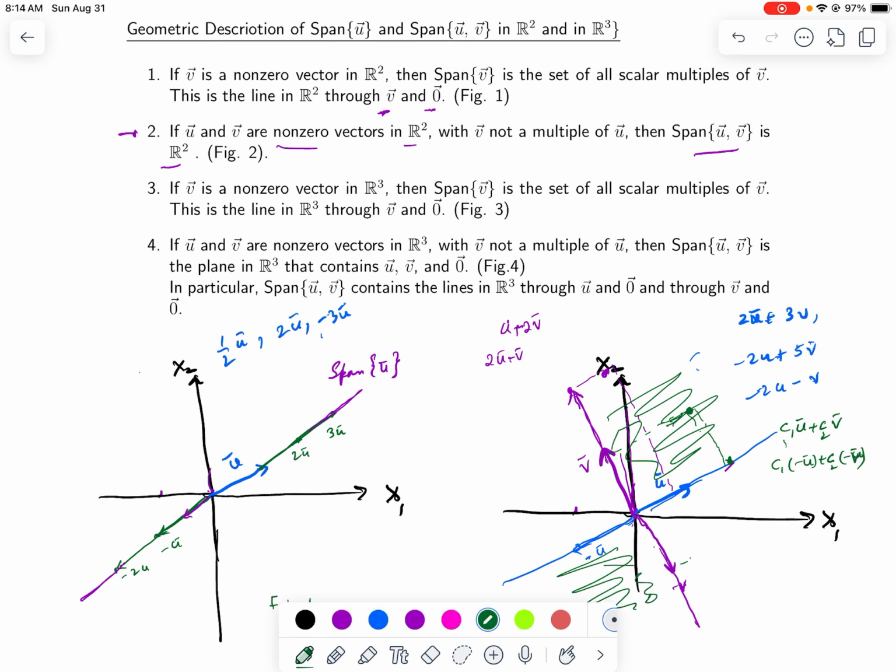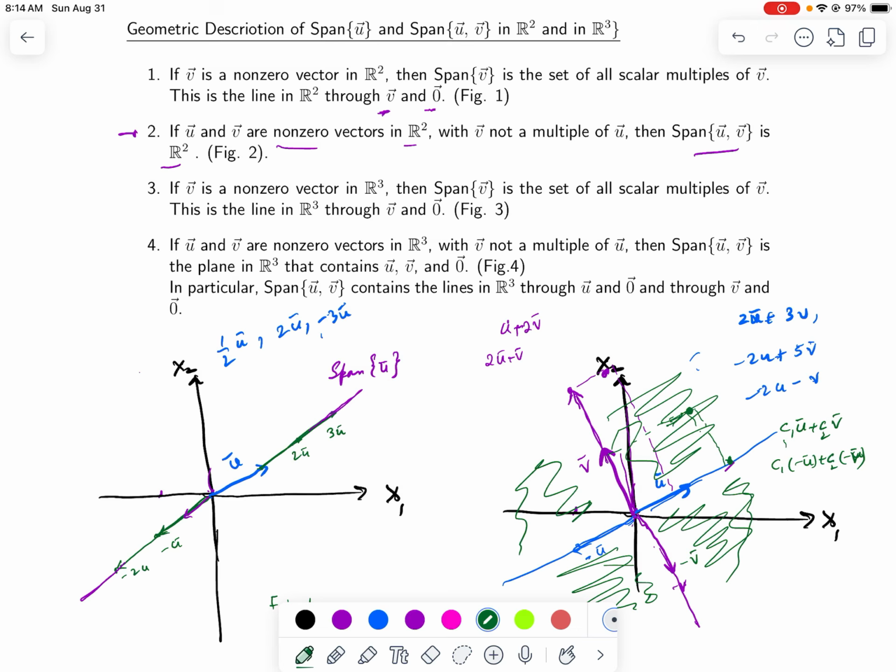So this is negative v, that is negative. If you look at all the linear combinations c1 u plus c2 negative v, we will end up in this region. And then the same thing, so it covers a whole plane. So that's why we get the whole plane.